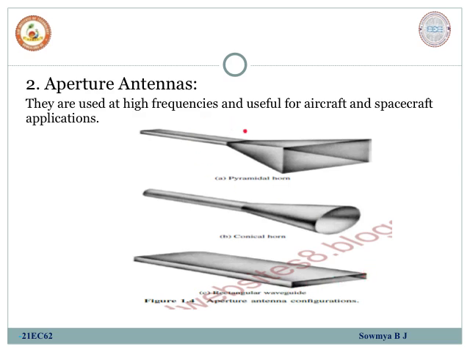As the name tells, aperture means the area which is actually used for converting the electrical signal to the electromagnetic signal. By this, these antennas are named aperture antennas, and they are used at high frequencies, and they are useful for aircraft as well as spacecraft applications.